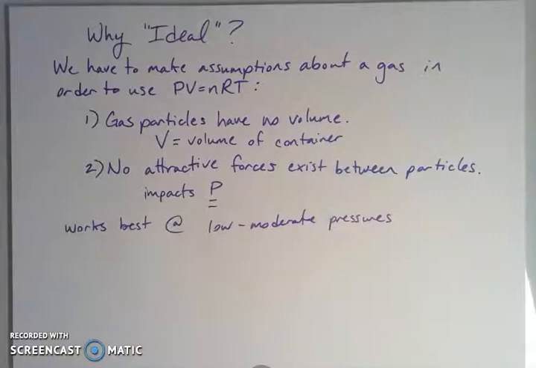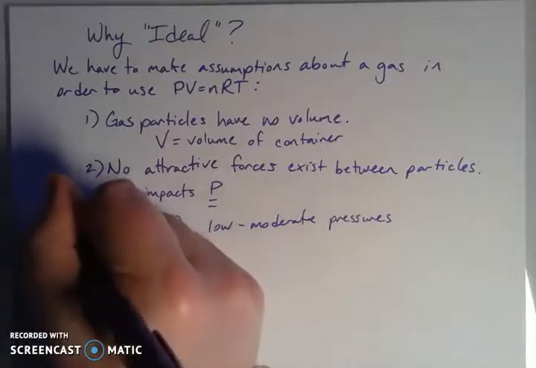So, atmospheric pressure, if we're working in a laboratory and we're not under vacuum or under some kind of crazy high pressures, then PV=nRT is going to work just fine. And then also temperatures that aren't too low.